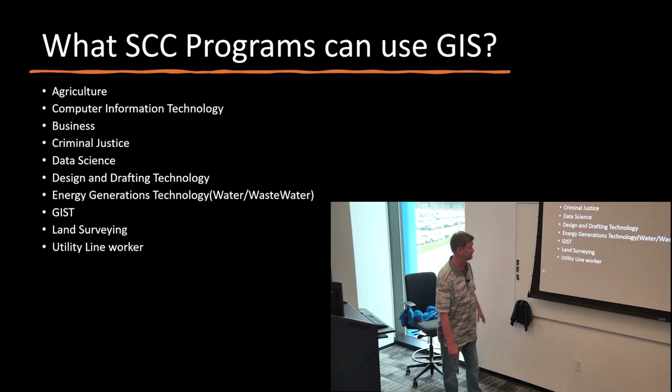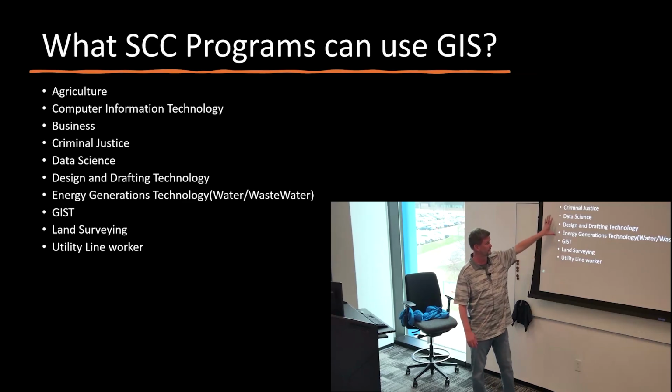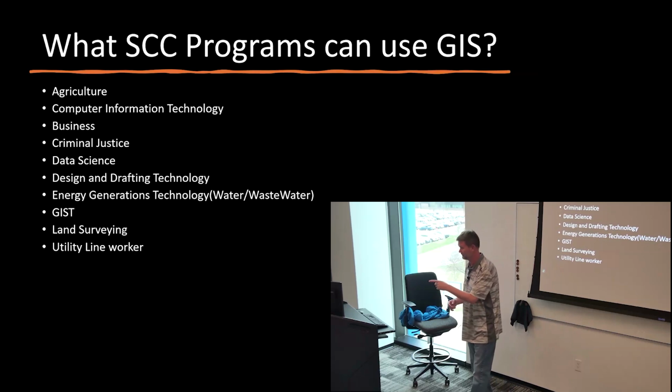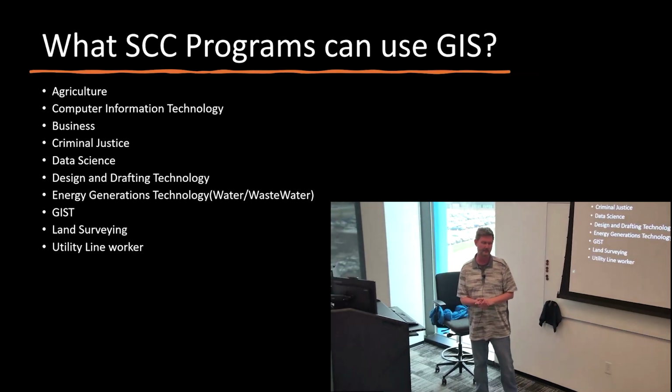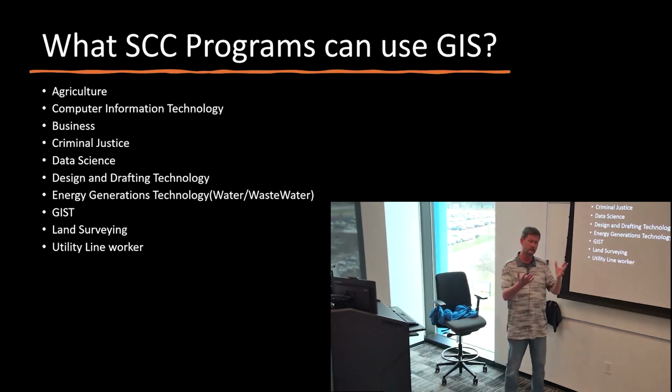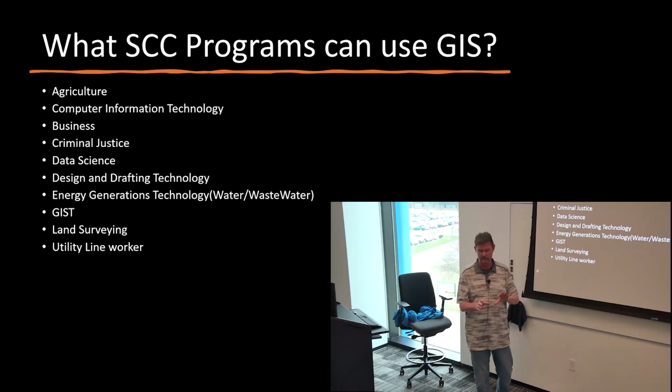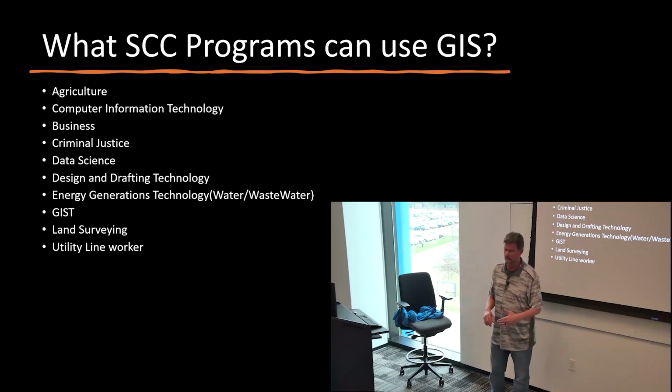Now what I didn't put on here that might go with data science came up in an interesting conversation I had just before this: GIS is a SQL database on the back end. So we're messing with it in SQL all the time, trying to figure out why an issue is happening.